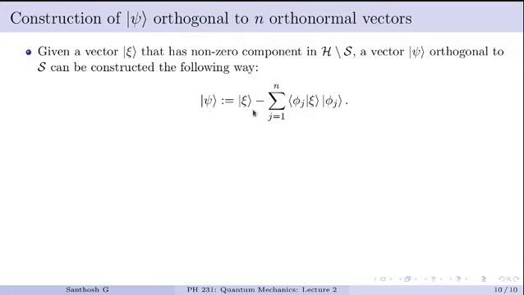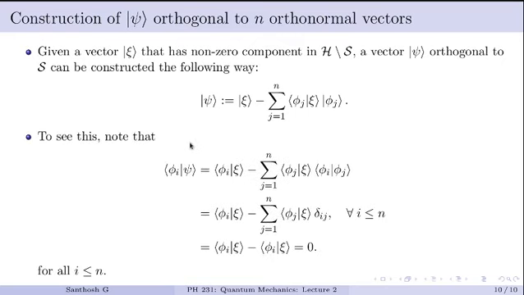The ket psi is equal to ket chi minus sum over j equal to 1 to n of the inner product of phi j with chi multiplying the ket phi j. Now we can show that this vector psi is orthogonal to all of the phi j's where j runs from 1 to n. To see that, let us construct the inner products.